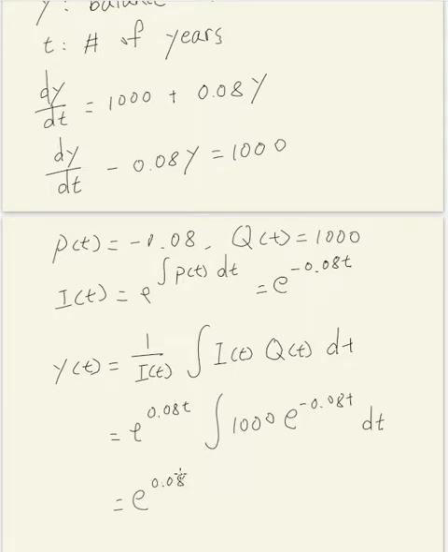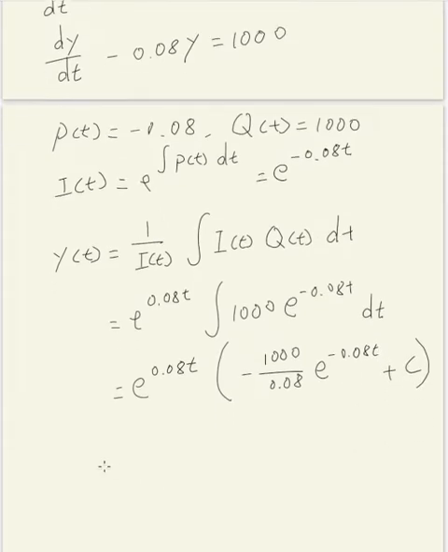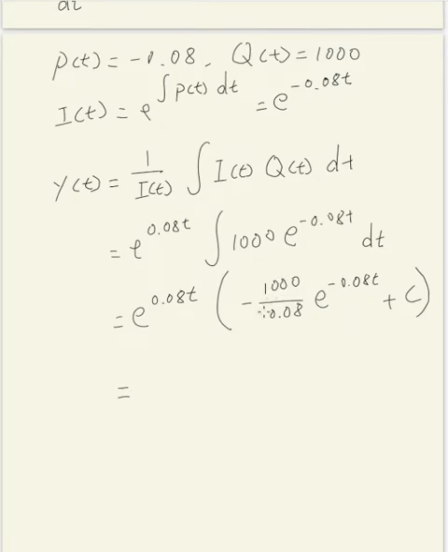We get minus 1000 divided by 0.08 times e to the minus 0.08t plus c. Minus 1000 divided by 0.08 is minus 12,500. So we get minus 12,500, and e to the 0.08t and e to the minus 0.08t cancel out, becoming 1. So we're just left with this constant plus c times e to the 0.08t.